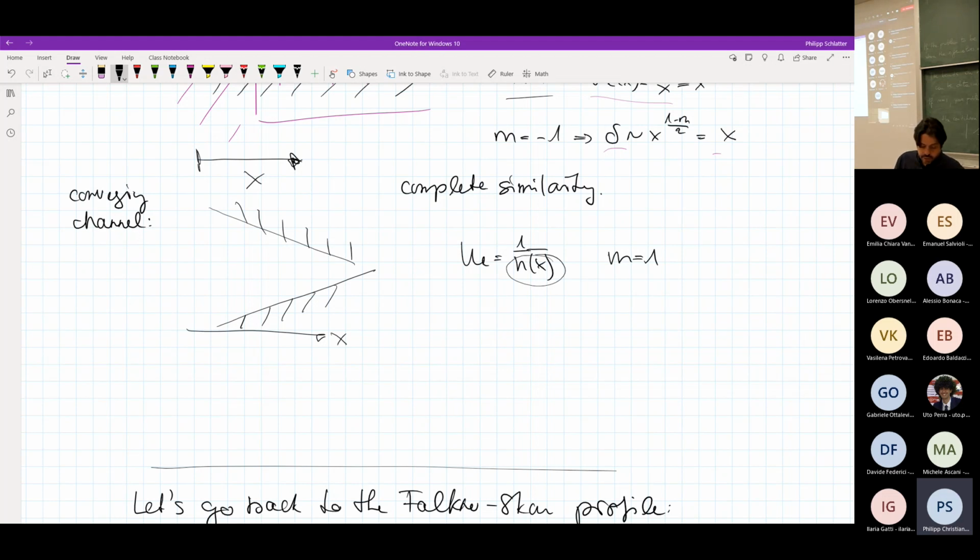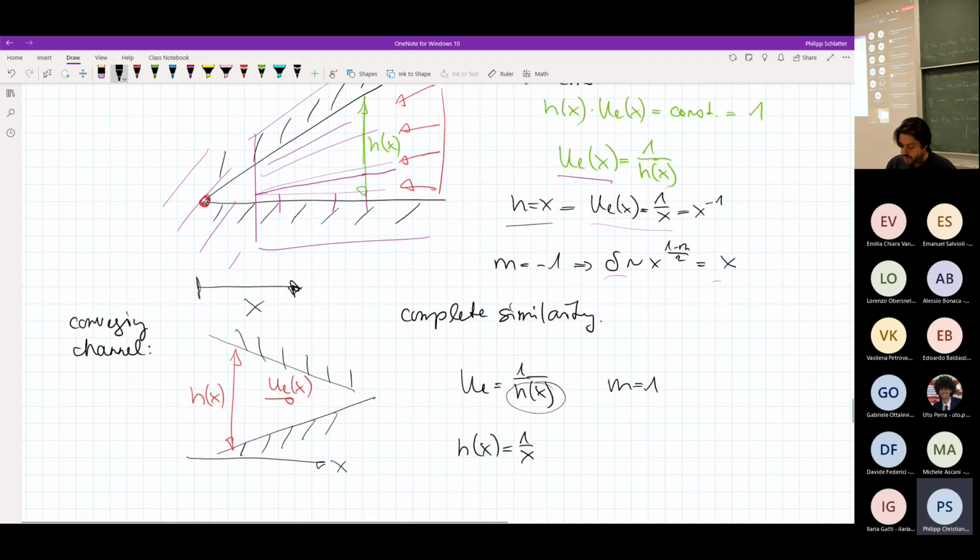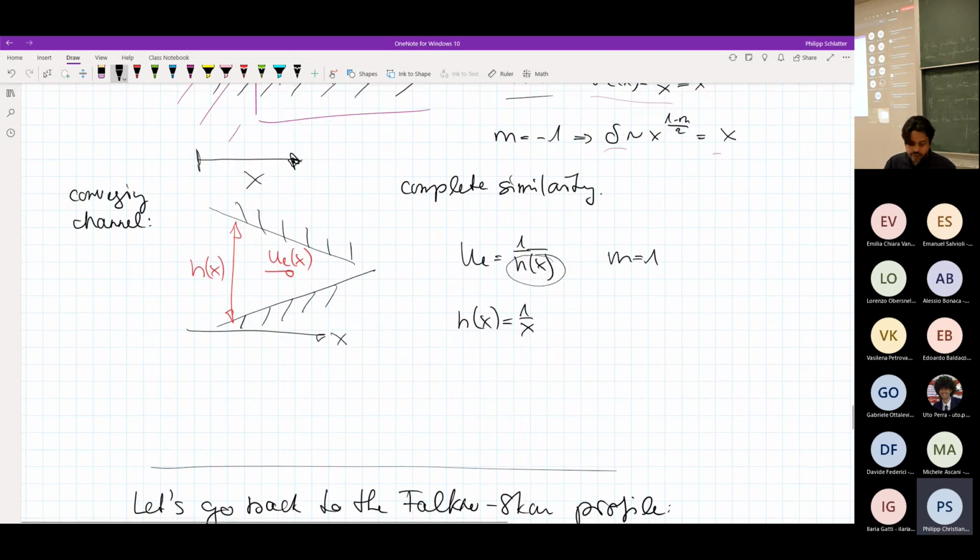So in this case, what you could do is set that you would like to have m being 1. This is again just for completeness, this is h of x, and I guess this would be your UE of x. If you have m being 1, that means your h of x could be, in this case, maybe 1 over x, so that would be the inverse of what we had here, because if you switch around, then of course we would exactly get this.